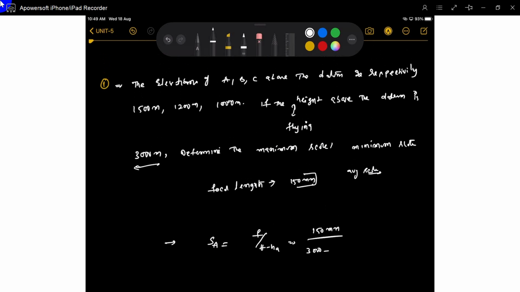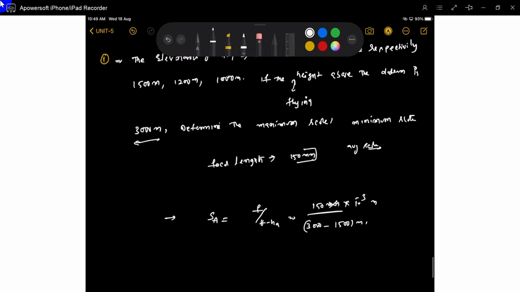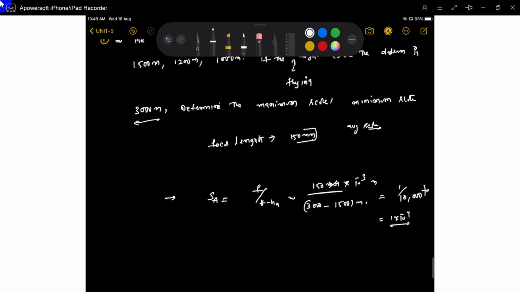So the first point A is 1500. Since these are mm and meters, 150 times 10 power minus 3 in meters. That scale is 1 by 10,000, or 1 into 10 power minus 4. That is how much the distance in the photograph has shrunk compared to the real distance.